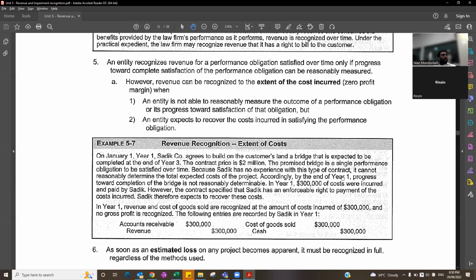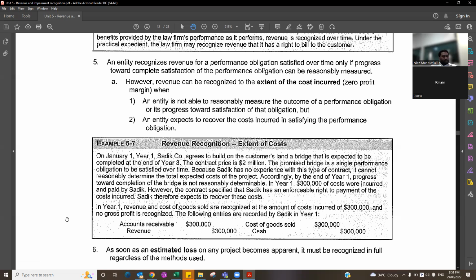Accordingly, by the end of year one, progress towards completion of the bridge is not reasonably determinable. In year one, 300,000 of costs were incurred and paid by Sadik. So you are going to recognize revenue 300,000: accounts receivable 300,000, and revenue 300,000. And COGS 300,000 and cash 300,000. This 300,000 you might have paid at different times. Okay.